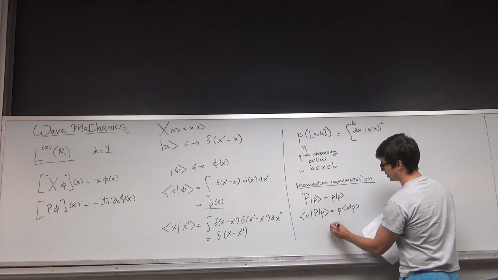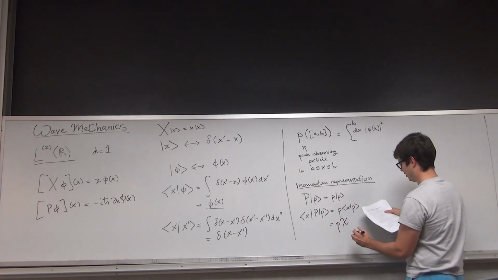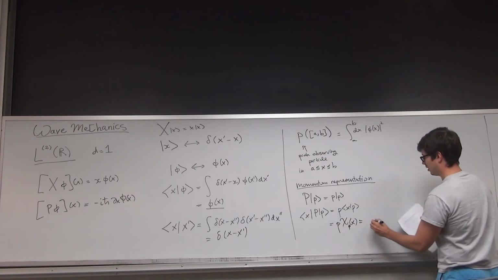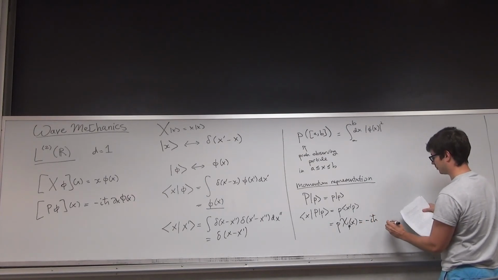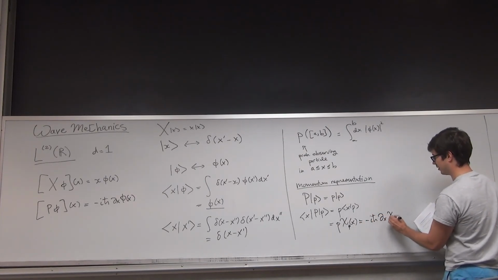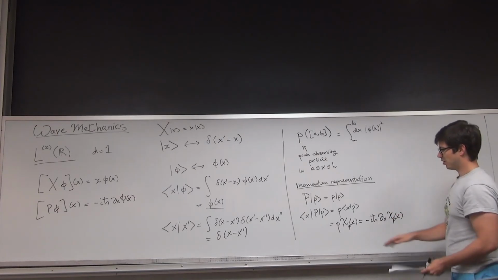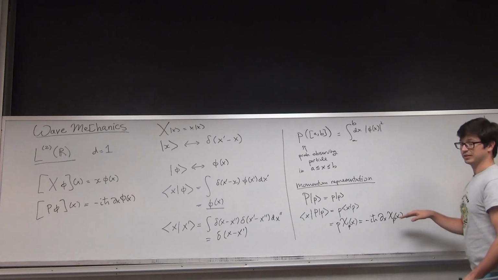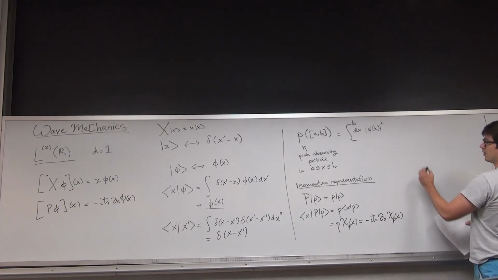So this is some function, which we call chi of p, as a function of x, and then it has to be equal to minus i h bar d/dx of chi of p of x. So you can solve this as a simple differential equation. The solution is an exponential.